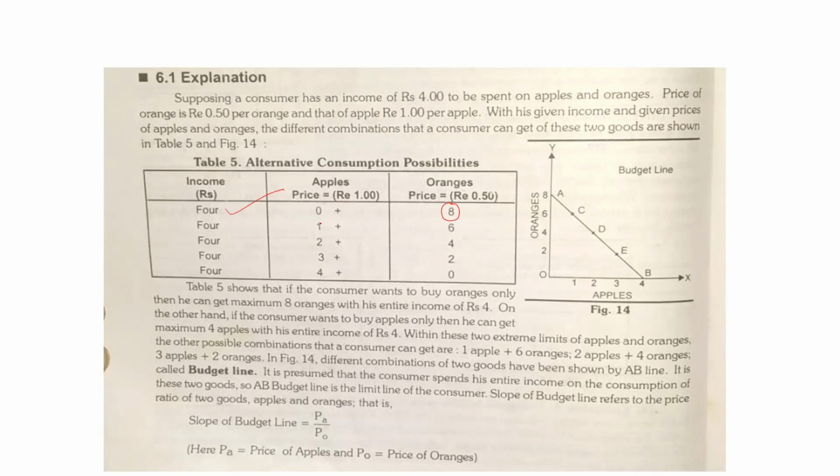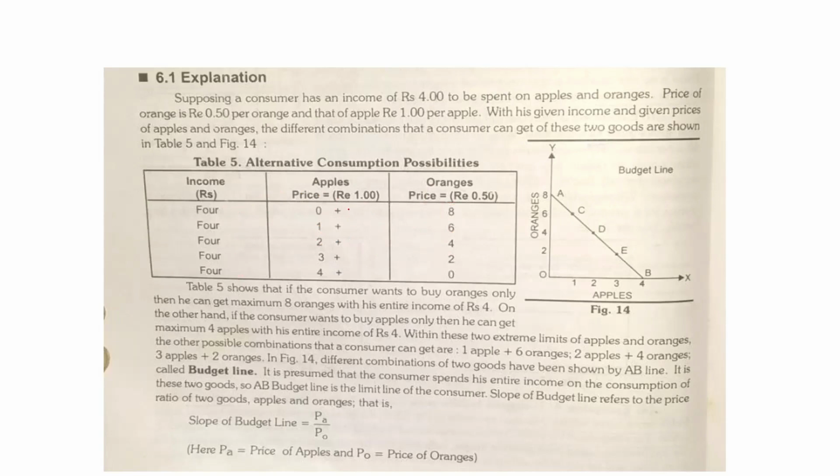If you are consuming 1 apple, that means you are left with 3 rupees for oranges, so you shall be consuming 6 oranges. If you purchase two apples, that shall cost you 2 rupees, then you are left with 2 rupees only for oranges, and you can purchase 4 units of oranges. In this way, the combinations can be made.